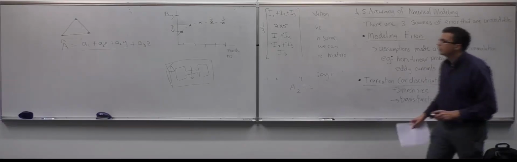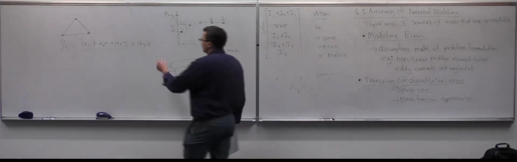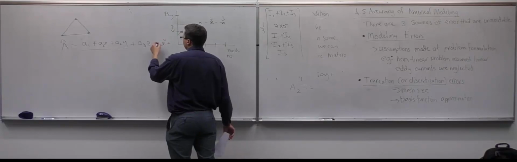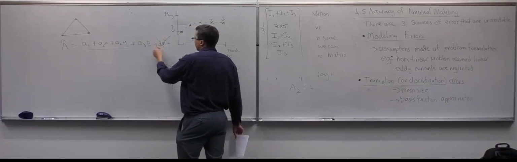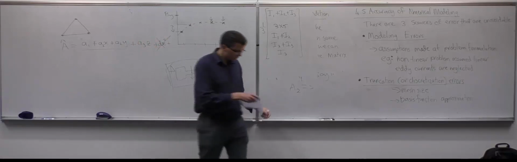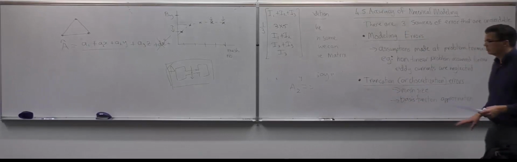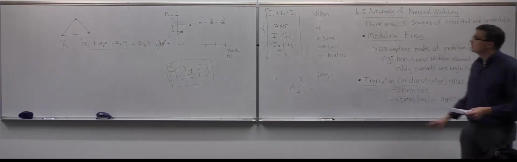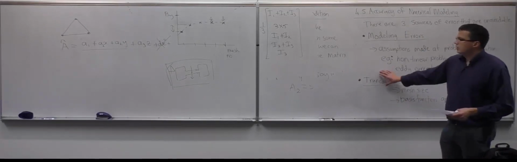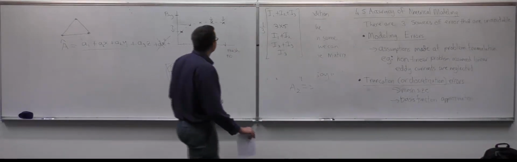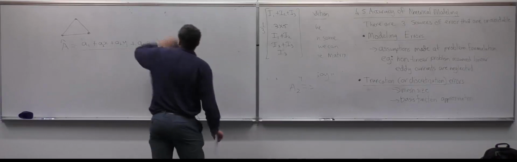In this example here, we're ignoring squared terms, right? There's no squared terms in this. Okay, so that's unavoidable. There's going to be error in that. And then the third unavoidable error is round-off error.